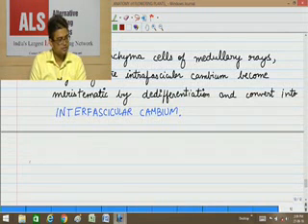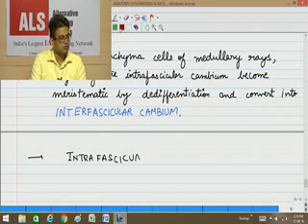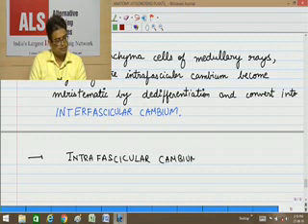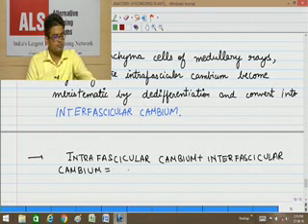Now you can say intrafascicular cambium plus interfascicular cambium together form cambium ring.